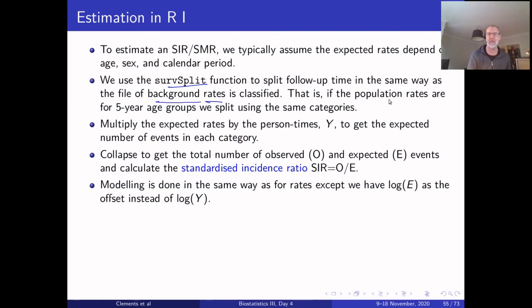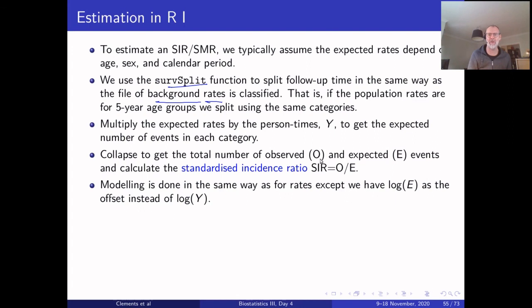So if the standard population rates are in 5-year age groups, then we split using the same categories. Then we multiply the expected rates by the person time to get the expected number of events in each category, and then we collapse.